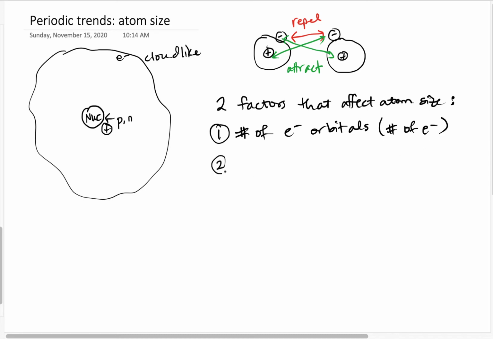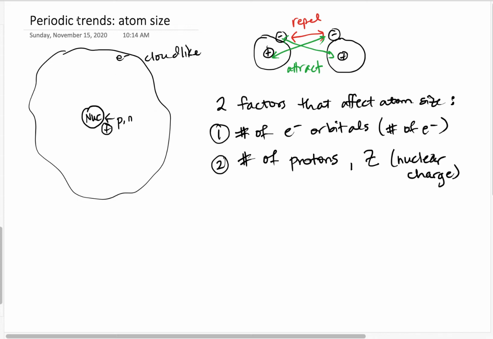And the second one is how many protons, which I'm going to remind you is the atomic number, and we use a capital letter Z. So this is called the nuclear charge, just as a reminder.